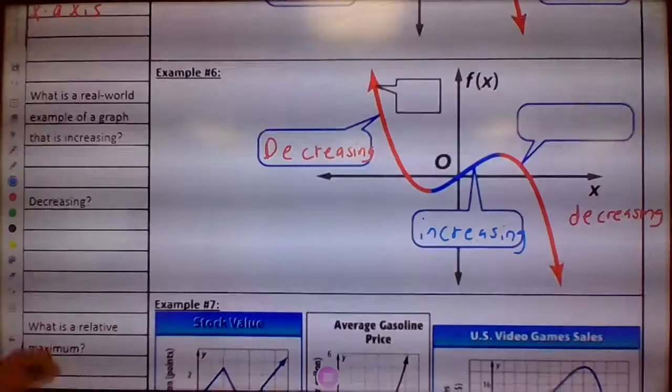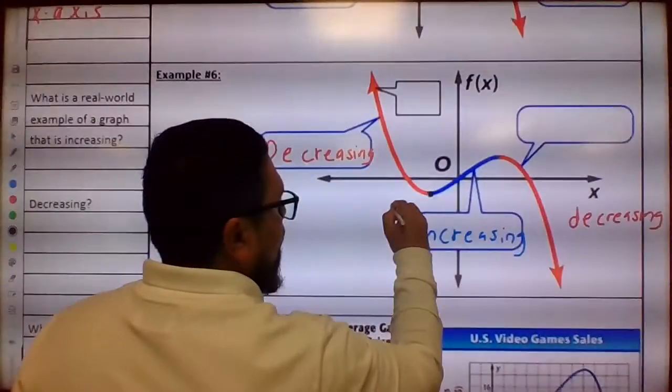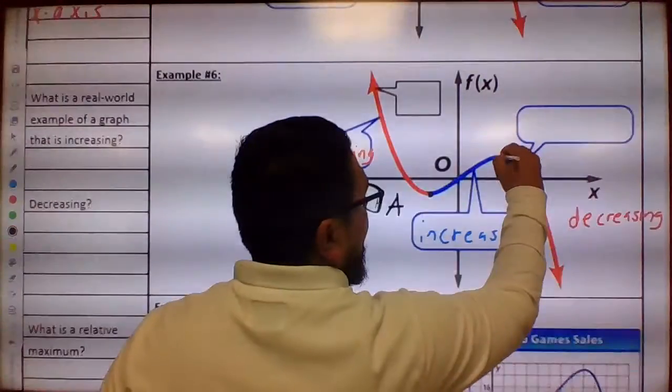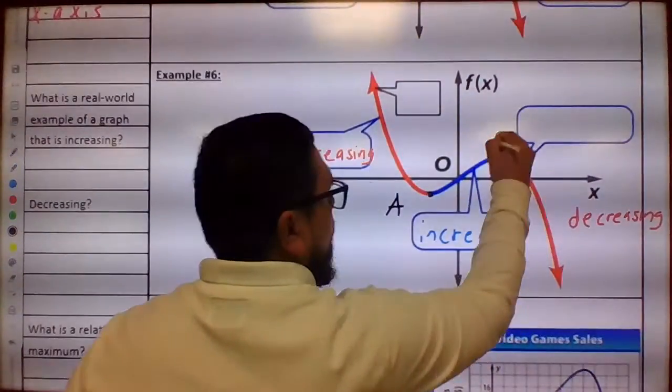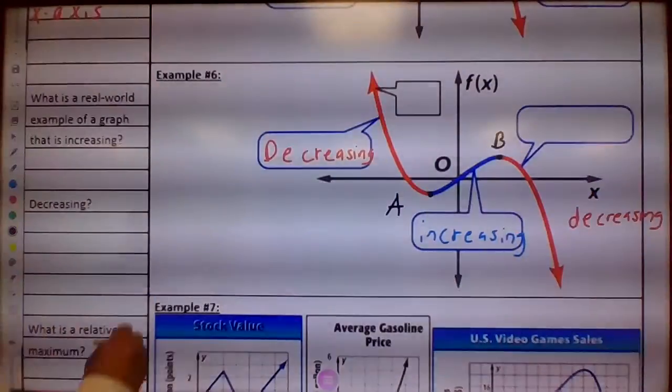Now, we're going to mark this point A right there where they change color. This is point B right there, where they change color. There's a name for these points.